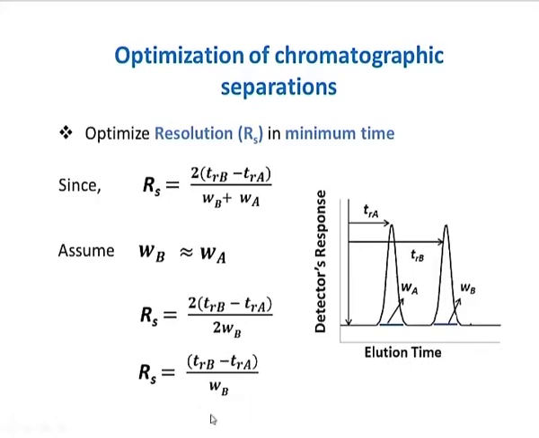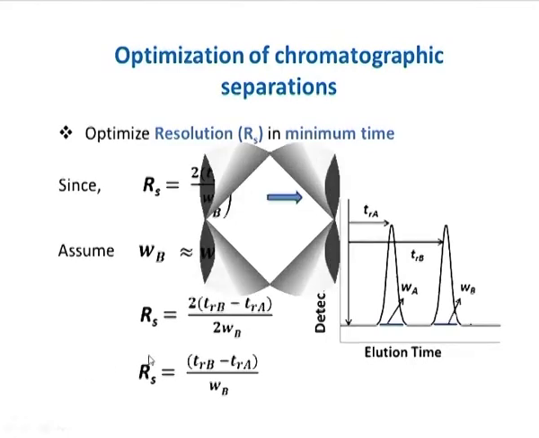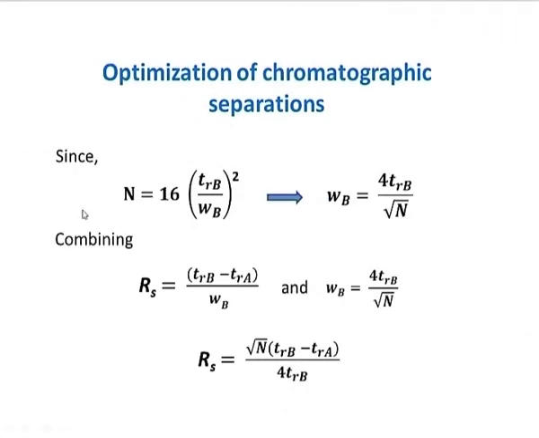The point to be noted here is this 2 WB could have been 2 WA, but we want this equation in terms of the peak of B, hence we are keeping it WB. Now, I want you to keep this equation in mind, because in the next equation we know that the number of plates is equal to 16 times (TRB upon WB) whole square, that we have established in the previous slides.